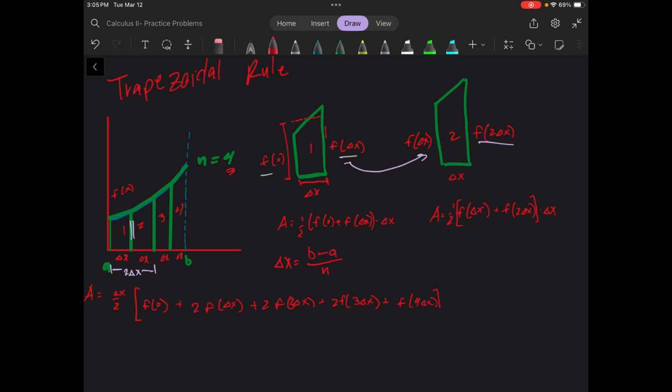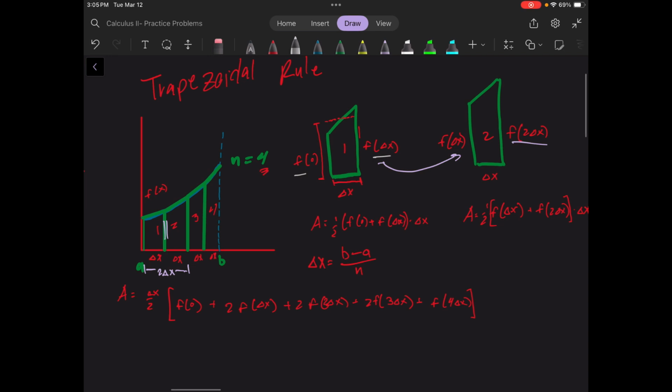So I can clear this up a bit. When we're adding up all of these bases, we have 1 here, I already noted the 2 here, and we have 2 here, 2 here, and then 1 here. This length right here is that f of 4 delta x, right?